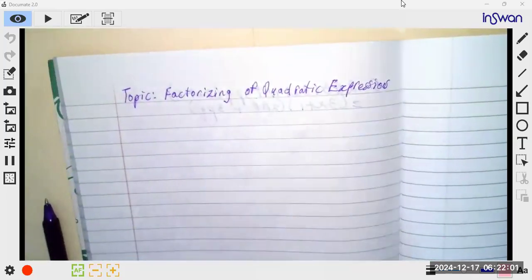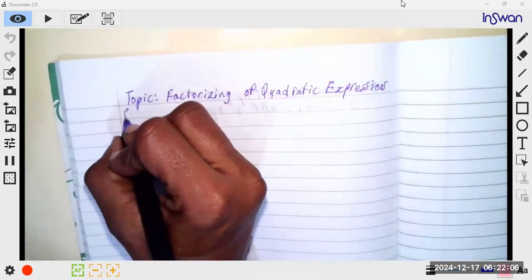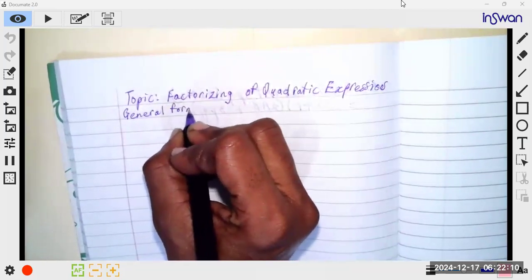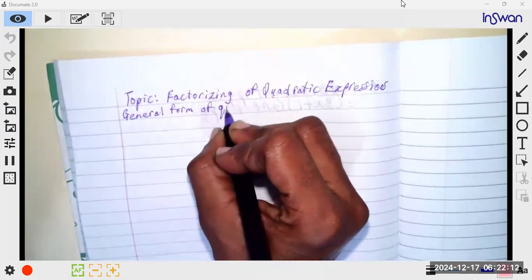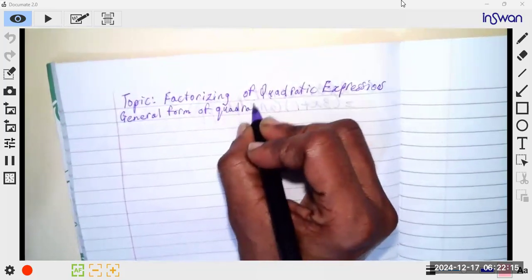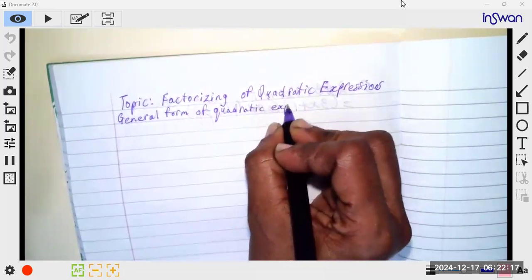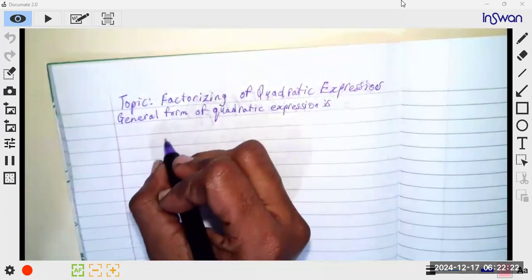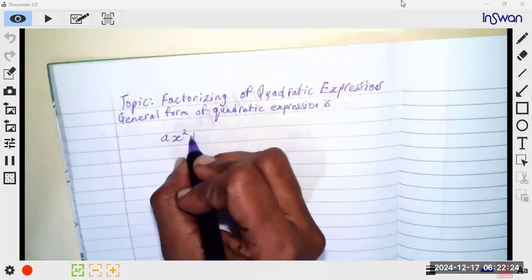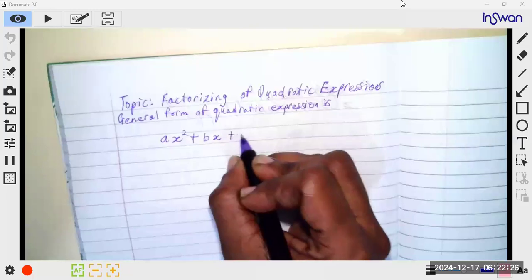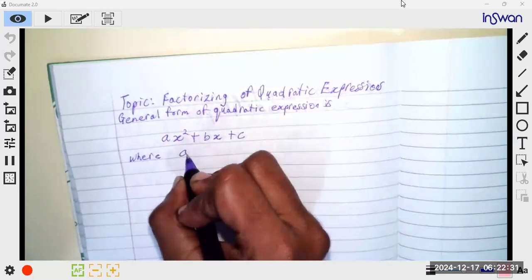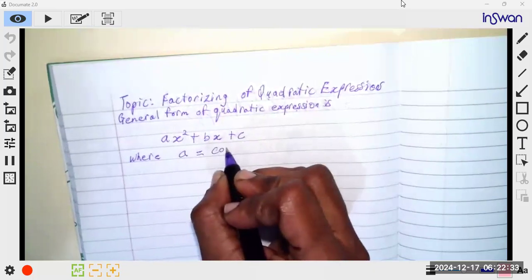So the general form of a quadratic expression is ax squared plus bx plus c, where a is equal to the coefficient.